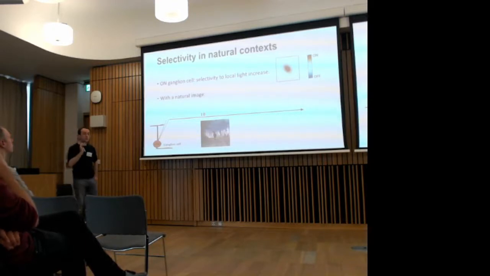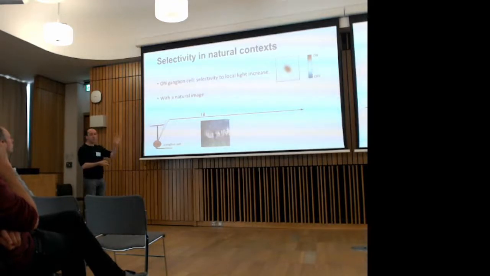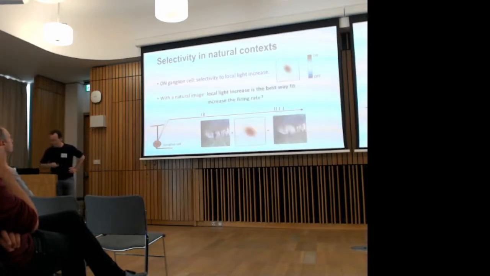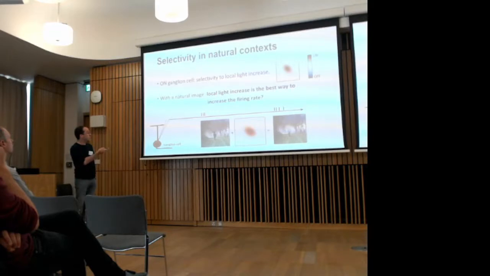So if you really take it seriously, in a natural image, that means that if you flash this natural image and your neuron is responding to it, then if this is really what the neuron cares about, the best way to increase the firing rate should be to increase light in this area, right? I'm just saying something very trivial here, you'll see why in a moment. But the idea is that if this is really what you always care about, even in a natural context, then the best way to increase the firing rate should be to increase light inside the receptive field center.